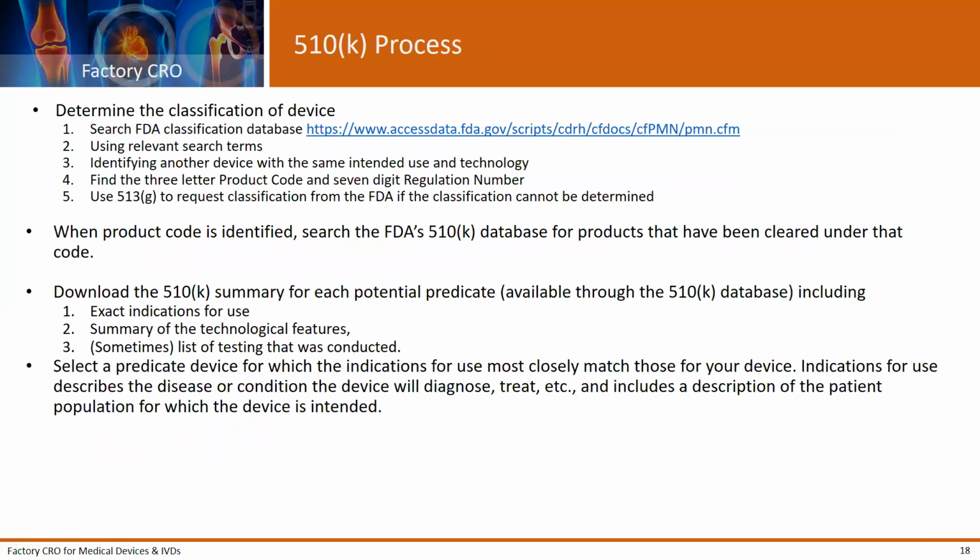So how to determine the classification? Well, basically, as shown before, use relevant search terms. Search the FDA classification database. Try to identify another device with the same intended use and technologically as close as possible. Find the 3-letter product code and the 7-digit regulation number, or ask the FDA if you cannot find any products and you would like assistance.